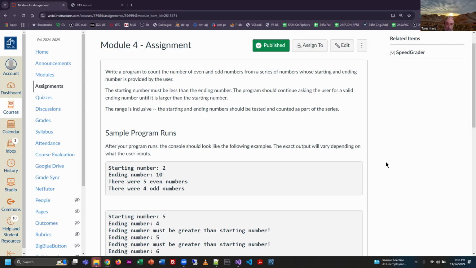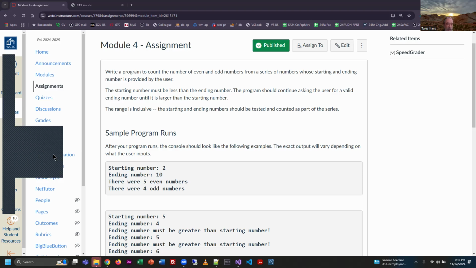All right, so let's look at, for example, what it should look like. Starting number 2, ending number 10. Okay, there were 5 even numbers and 4 odd numbers. What are they talking about? Okay, so let me annotate the screen again, which means I'm going to type on the screen. I know I'm using a really ugly color here. Maybe we can use black or blue.